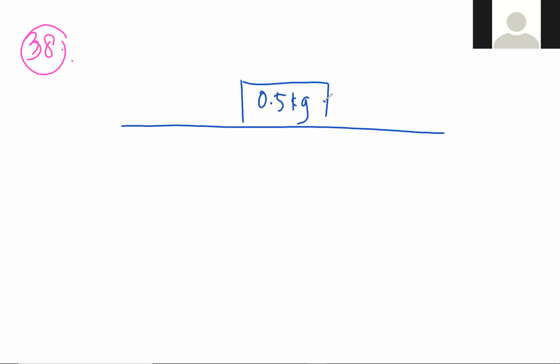If the object encounters a friction of 5 Newton, what is the value of F? So the force is slanted at 60 degrees, and it encounters a frictional force acting here, which is 5N.